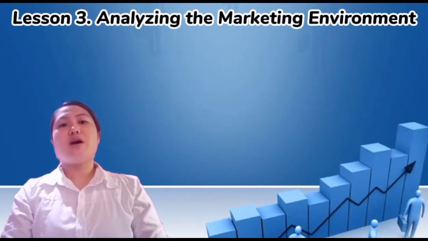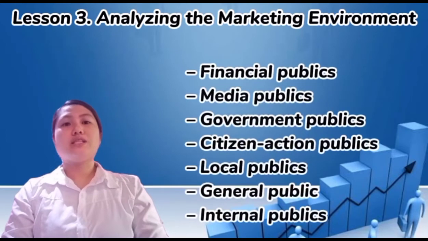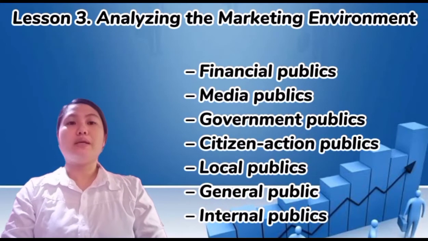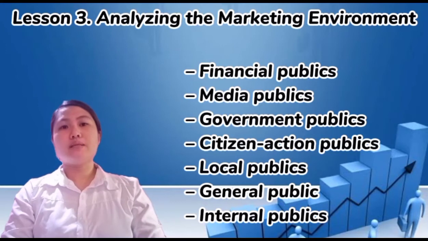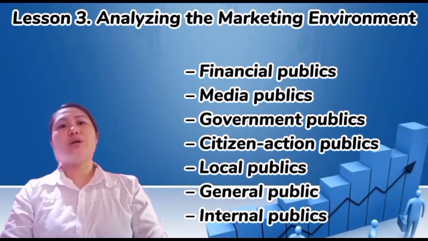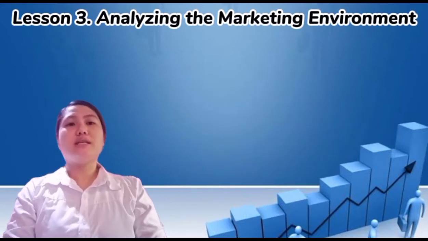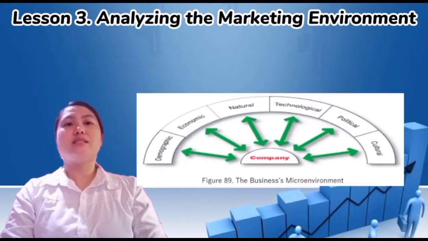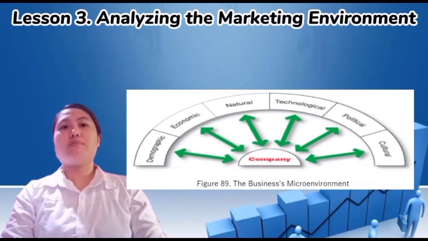Under these are the following: financial publics, media publics, government publics, citizen action publics, local publics, general public, internal publics. As you can see in figure 89, it is the business's microenvironment.